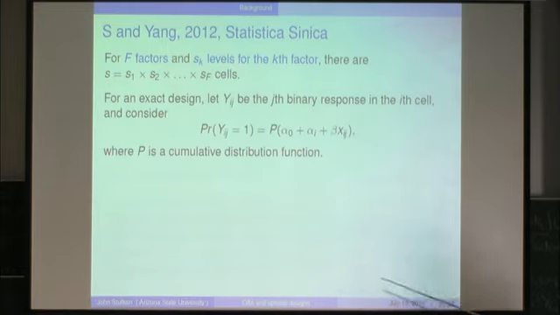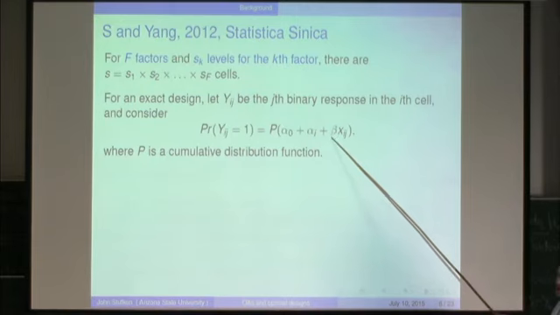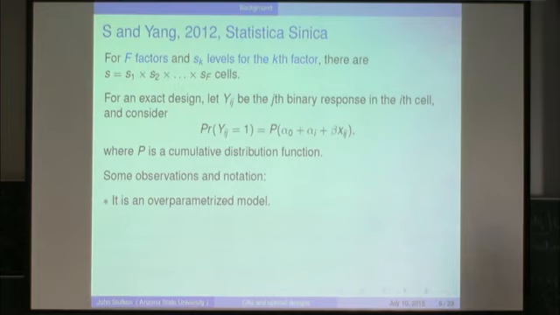So for each cell, I have an alpha i, and I have a common slope beta here, although you could also look at the model where you have a different slope for each cell. So it's clearly an over-parameterized model.